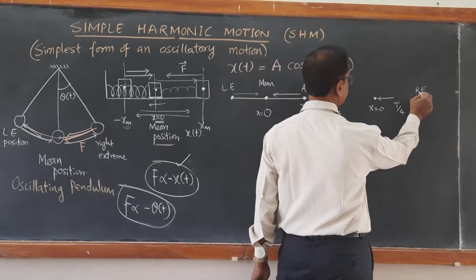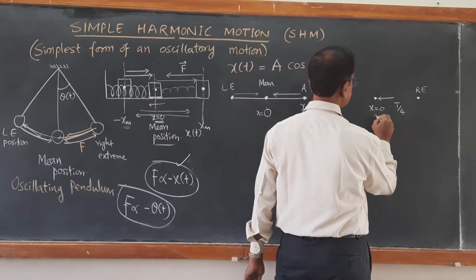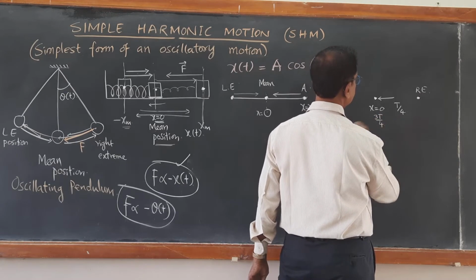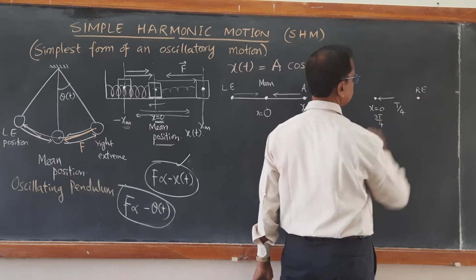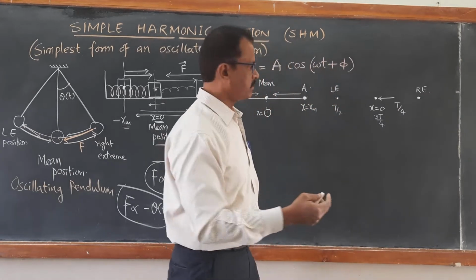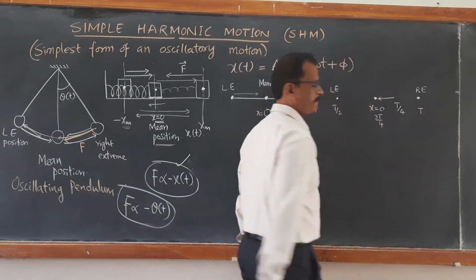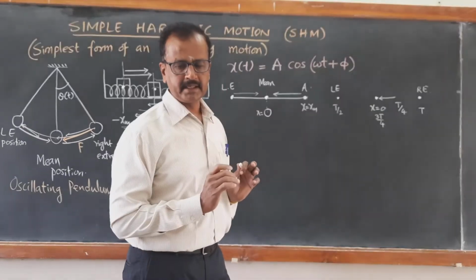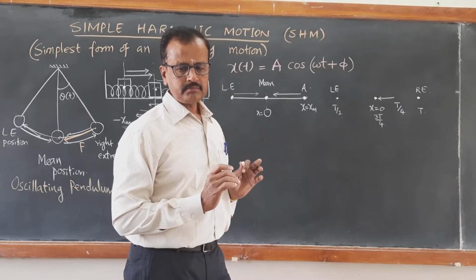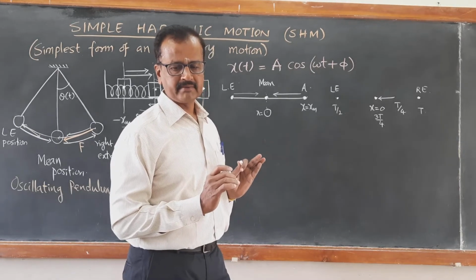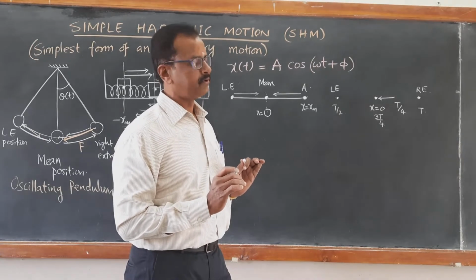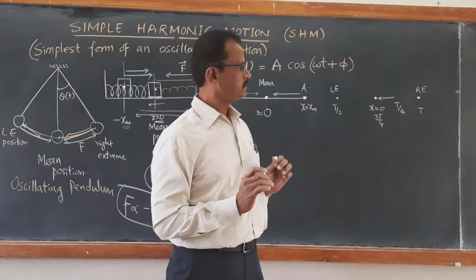So the total time taken from the initial position becomes 3T by 4. And when it reaches the right extreme position again, after coming back from here, it takes full time T. So we will take these time intervals, and that will be helpful for us to draw the graph.